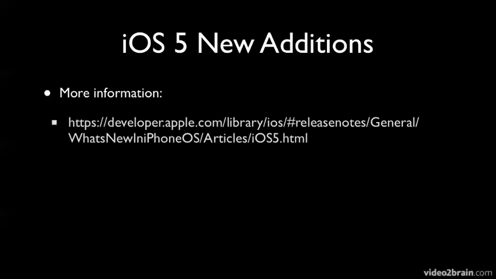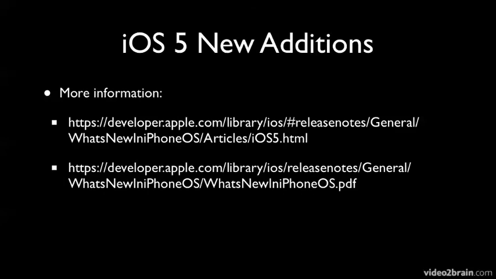Now, in addition to the information you'll find in the course booklet, you'll also find information in the developer portal under these two URLs. The first link is available currently as a link from the portal itself under What's New in iOS 5.